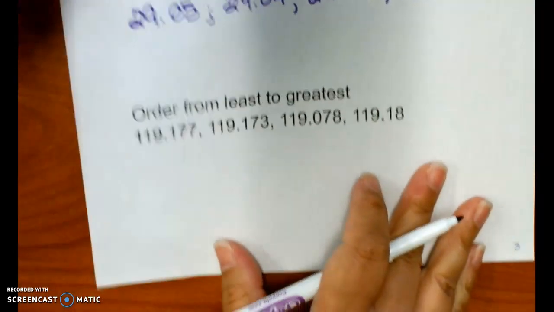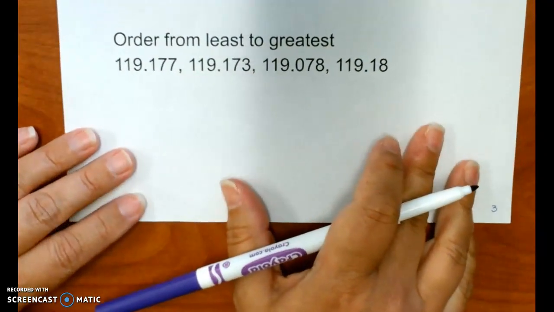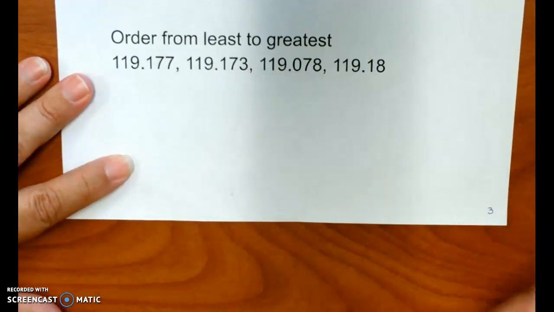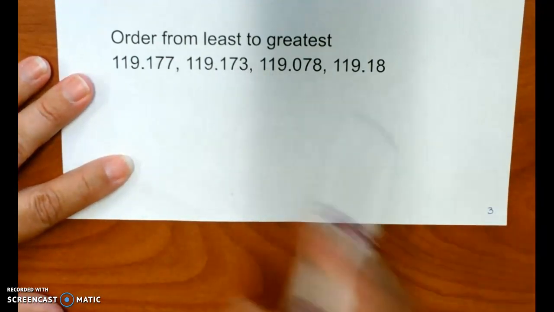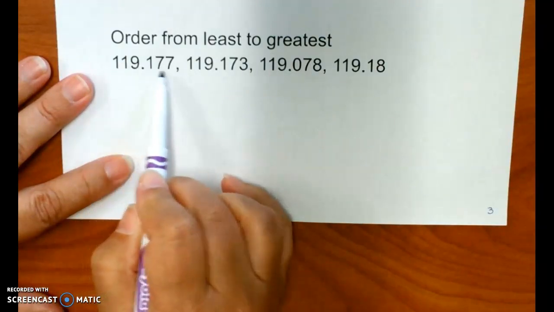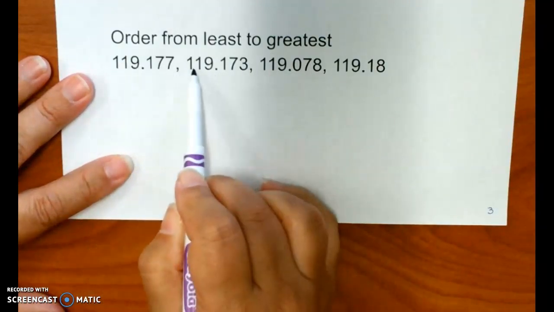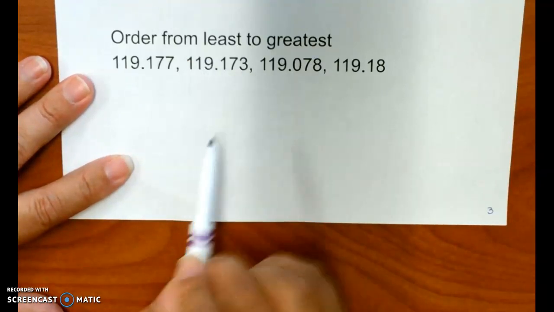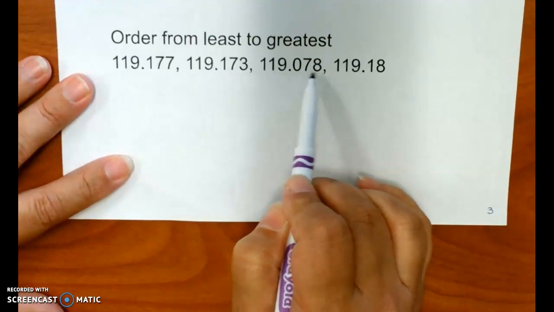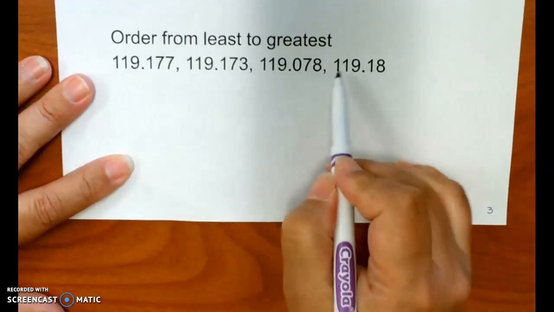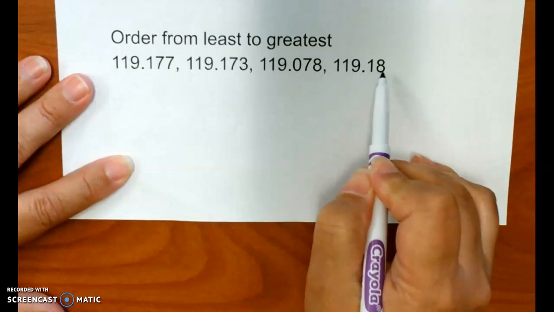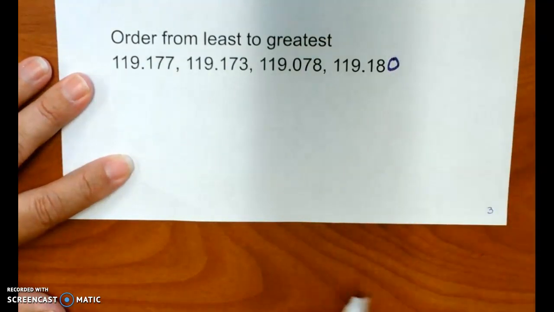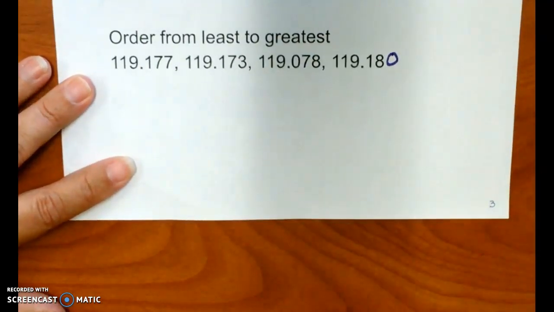Okay, last one. We're going to do this one from least to greatest again. All of my numbers have 119 ones. I have 119 and 177 thousandths. I have 119 and 173 thousandths. I have 119 and 78 thousandths. And then I have 119 and 18 hundredths, which I could make 180 thousandths so that my decimals are all the same length.